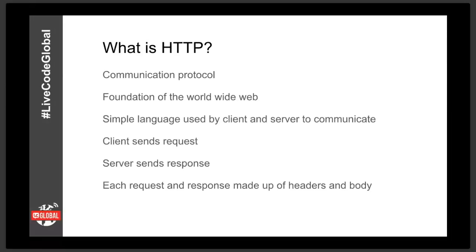Another example is maybe when you type in a search string. This time, the body of the request will be the search string that you sent. So you're uploading that search string to google.com. It then parses that and returns the information. So that's an example of HTTP. It's a language that the client, your browser, uses to communicate with the server.